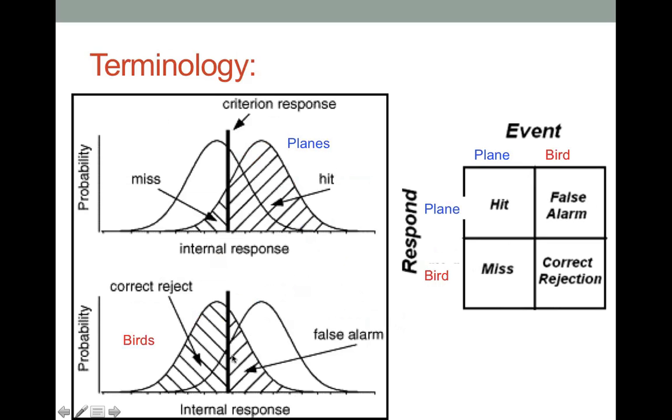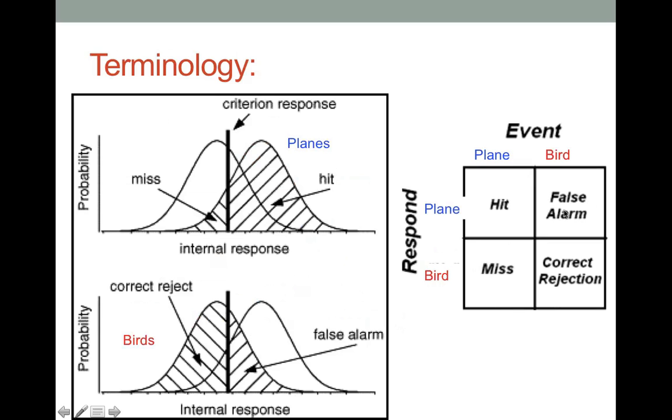Anything here comes from the bird distribution but is to the right of my criterion, so I will call it a plane, and that's a false alarm. Now this left side here, these are correct rejections. They are rejections because I'm calling them birds or not planes, because they're to the left of my criterion, and they are correct rejections because they are indeed not planes.